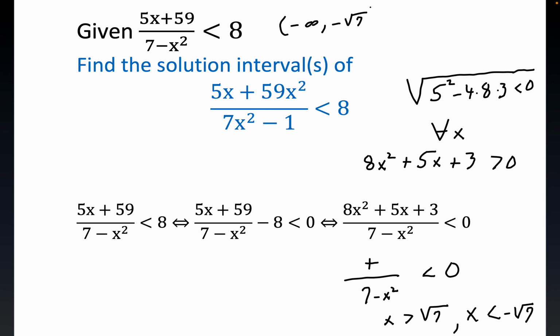Now, we haven't solved the problem yet, but we're very close. So union with root 7 to infinity. This is sometimes called a disjunction, I think, when people are trying to teach it to kids. Okay, so there we go.